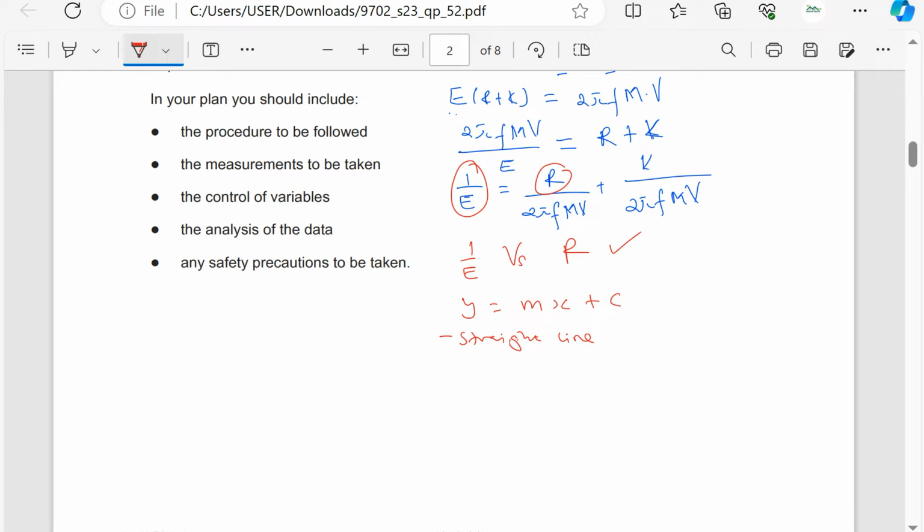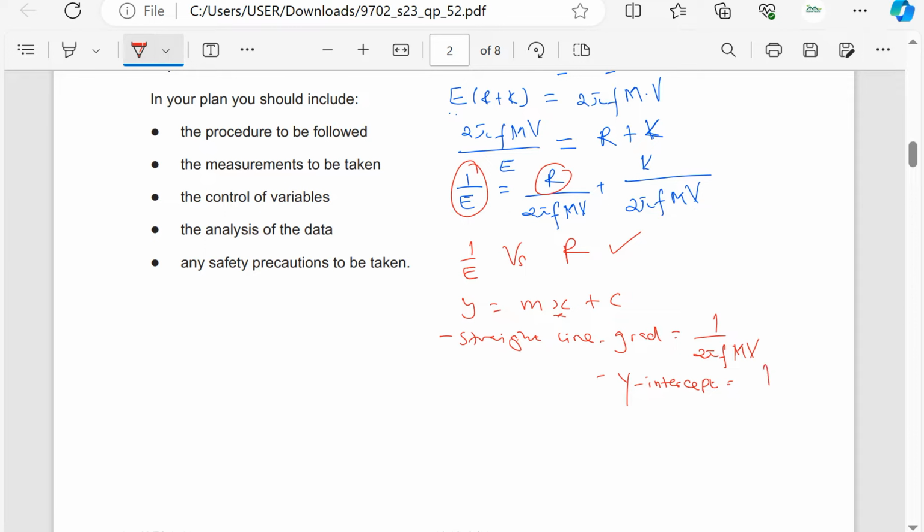Because on the x-axis I have R, the gradient is going to be 1 over 2 pi F M V, and that is the gradient, and then the y-intercept. So this straight line will not go through the origin because it has a y-intercept.